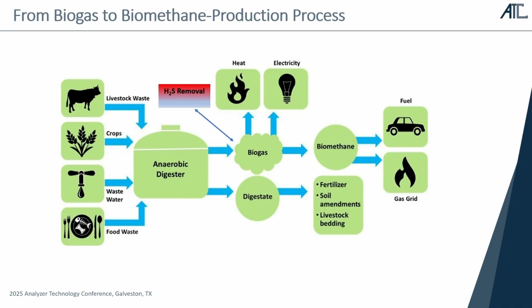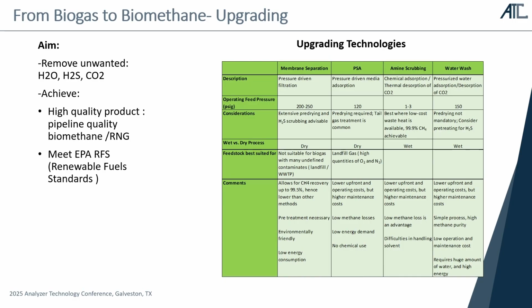It can be liquid or solid. After being treated, it can be reused as fertilizer, soil amendment, or livestock bedding. So this is a typical process for how biomethane is produced. So we talked about how, from biogas to biomethane, it has to be cleaned, purified, or upgraded.